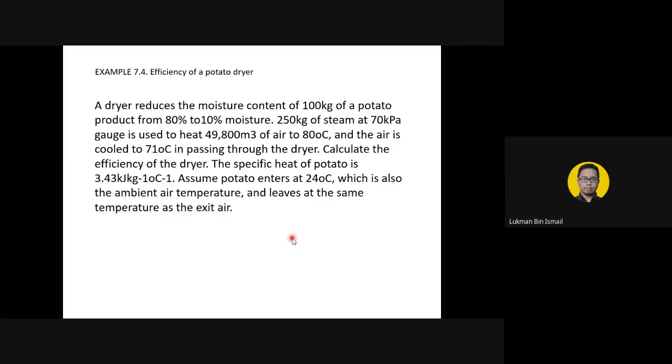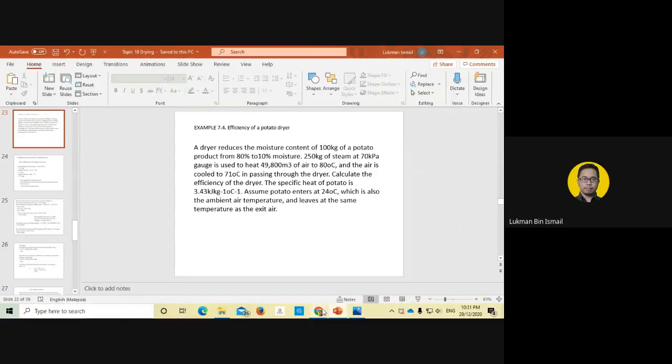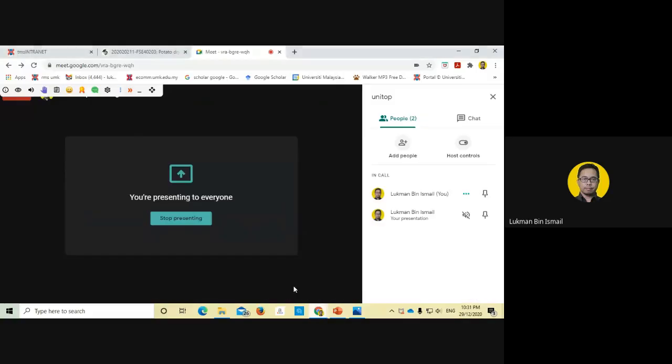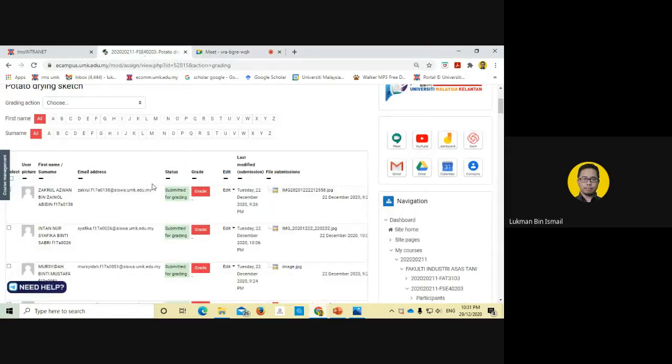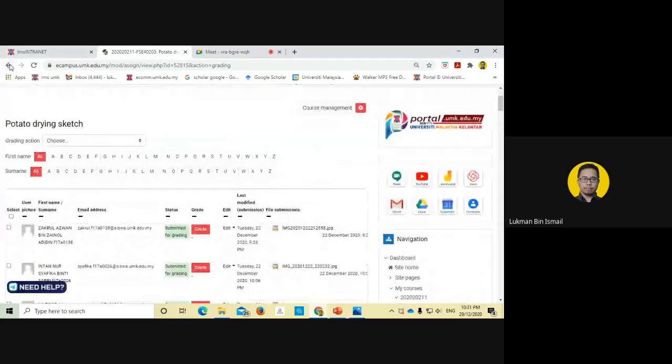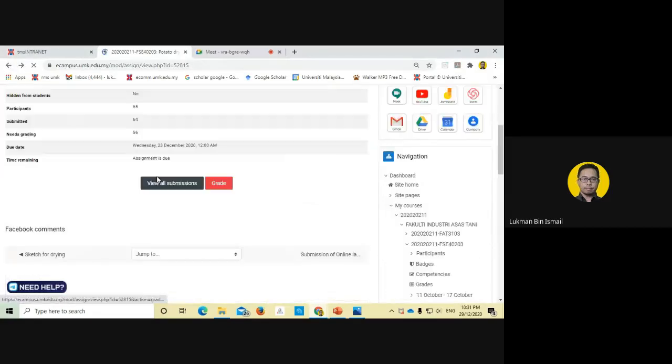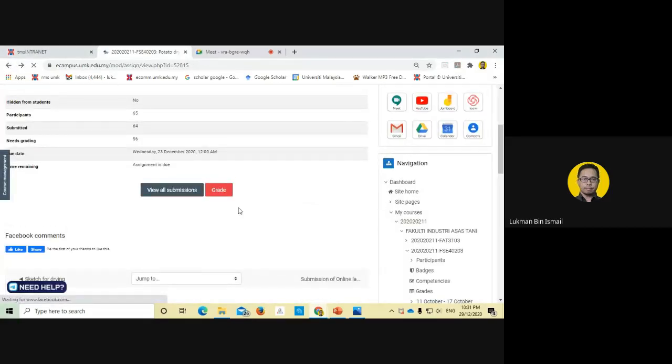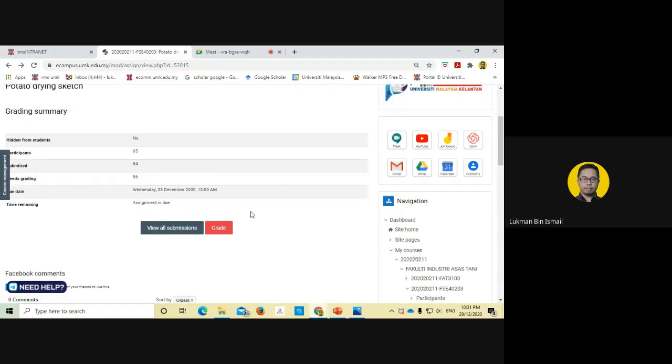You were asked to draw a system diagram of this process, and almost all of you have submitted except for several persons. Yes, all have been submitted. 64 has been submitted.